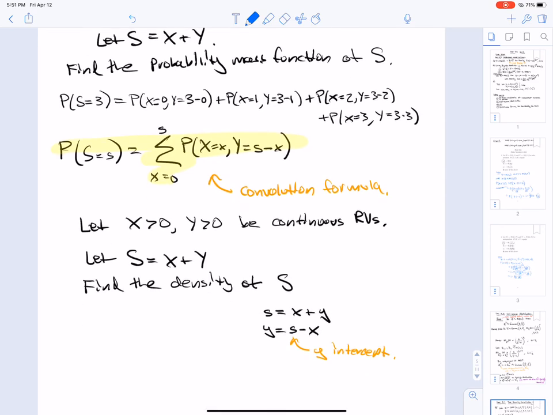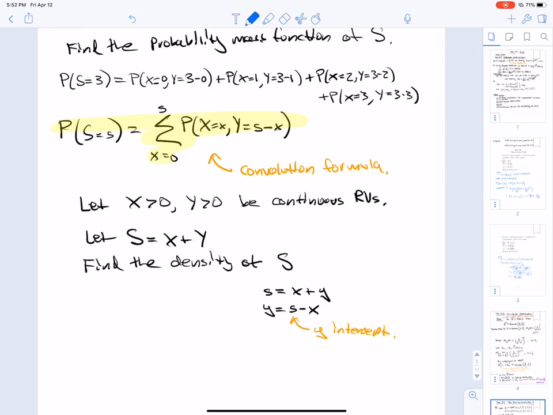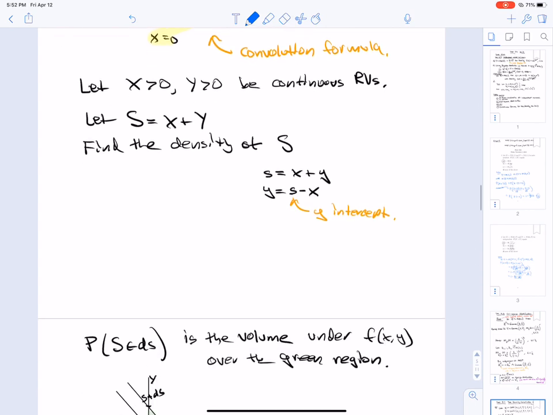So for the continuous case, we have x greater than 0 and y greater than 0 continuous random variables, and we're going to find the density of s. Now s is x plus y, or y is s minus x, and you can think of the equation of a line having slope minus 1 and y-intercept s.